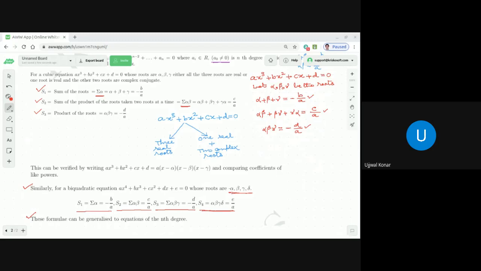Now, as we understood the relationship between the roots and coefficients with quadratic, cubic and biquadratic equations, generally at your level, in both board examination and entrance examination, it is not likely that you will get an equation of degree more than 4 to deal with roots and coefficients.